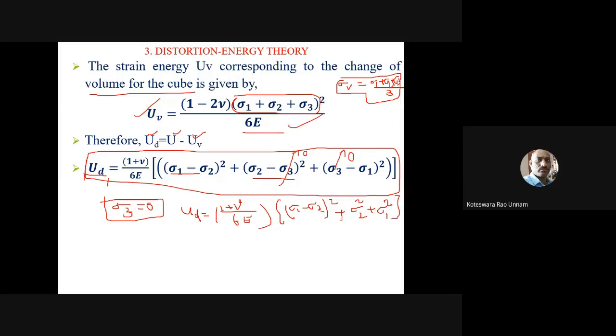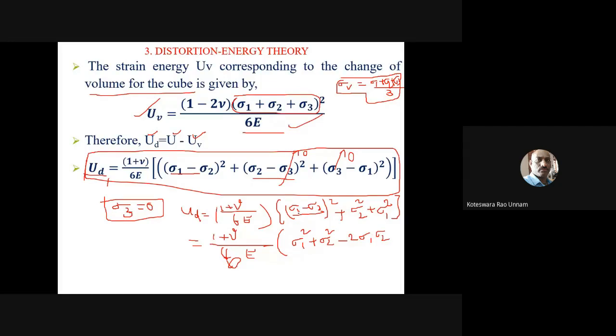So if I expand this, what I'll get? (1 plus nu) by 6E. So here you have sigma 1 minus sigma 2 whole square. If I expand this, I'll get sigma 1 square plus sigma 2 square minus 2 sigma 1 sigma 2.